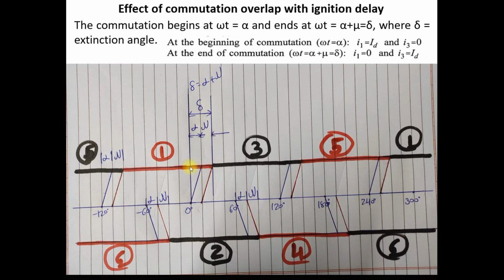So at that time your valve 3 starts conducting from 0 and it ends at 120 degree here. But now with alpha and with nu, valve 3 will start conducting from this point, alpha plus nu, or you can say the angle delta, which is called the extinction angle. So from this point it starts conducting and ends here.